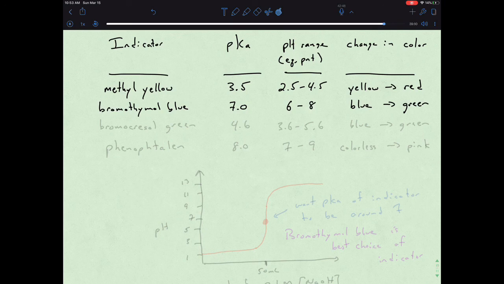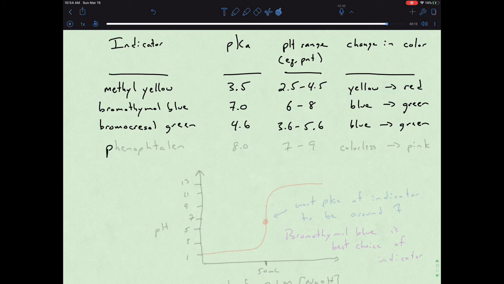We also have bromocresol green. This actually has a pKa of like 4.6, so it can change colors from 3.6 to 5.6, and actually looks very similar to the bromothymol blue.